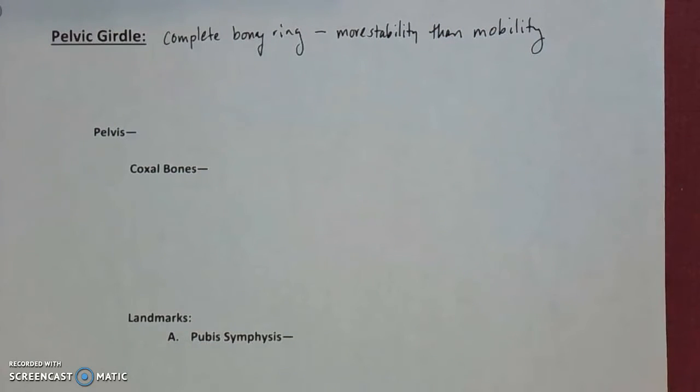So this is something that allows us to have an upright position and to walk. Our pelvis has evolved from lower animals in order to allow an upright position, and so our pelvis is not as elongated as one of your pets might be.